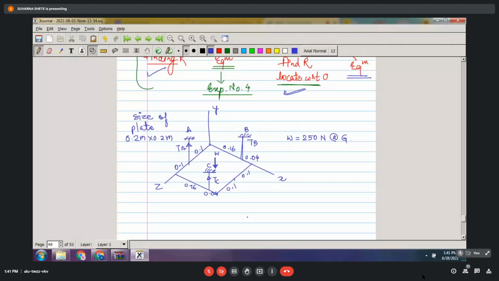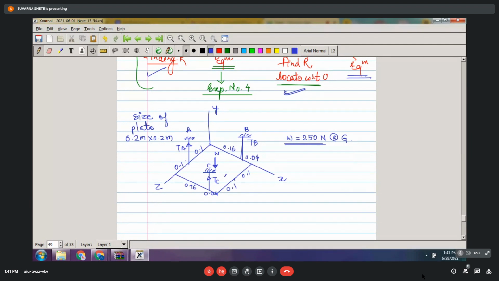So in this case, a plate is given. Actually, this is a problem on equilibrium of a parallel space force system, where the weight of the plate is given as 250 Newton, which will act through the centroid of the plate. This is your plate, which is lying on the XZ plane, and it is tied with the help of these three cables A, B and C. So they will carry tensions TA, TB and TC respectively.